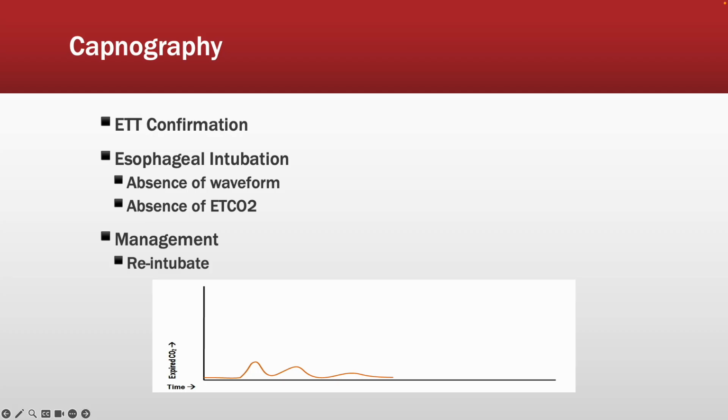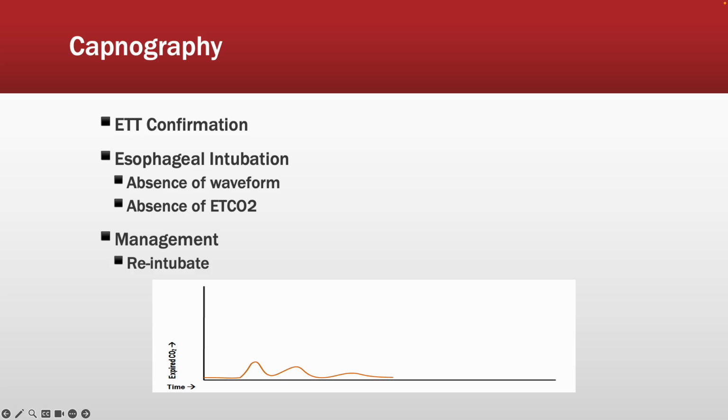So, ET tube confirmation. This is going to be an esophageal intubation. As you know, an ET tube goes into the trachea. The trachea leads to the lungs. But if we miss and it ends up in the esophagus, we will not have a readout.